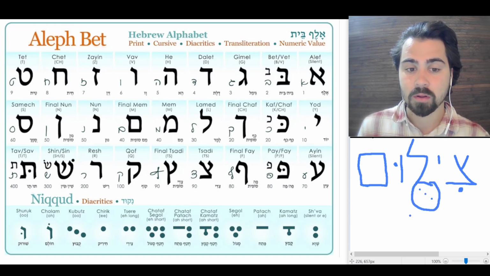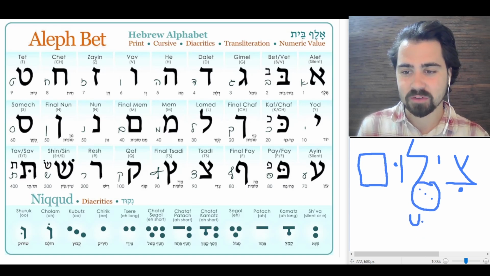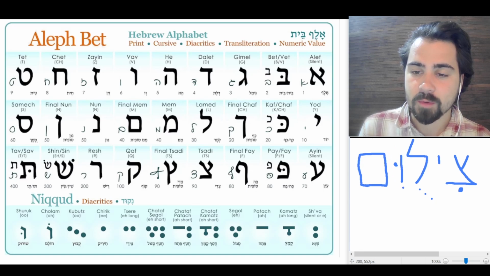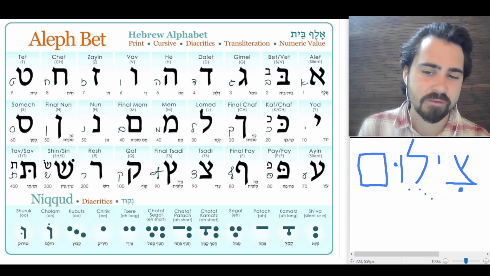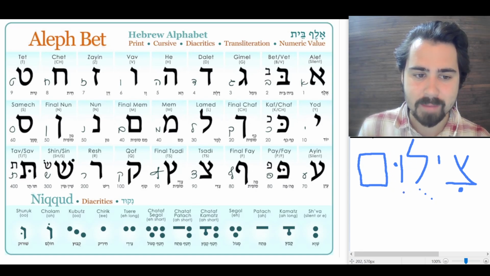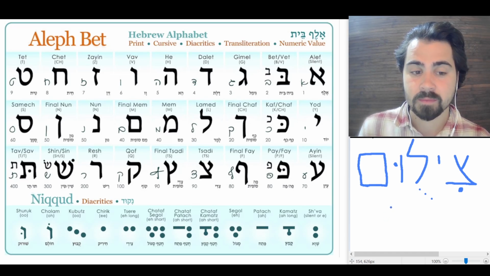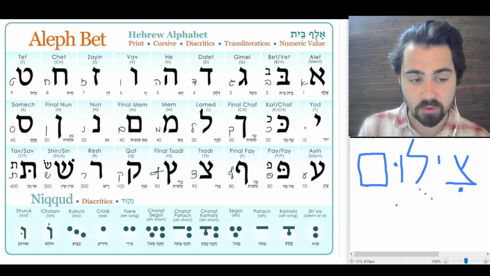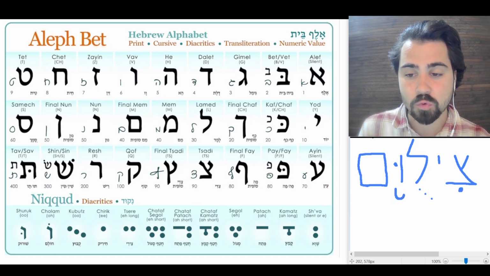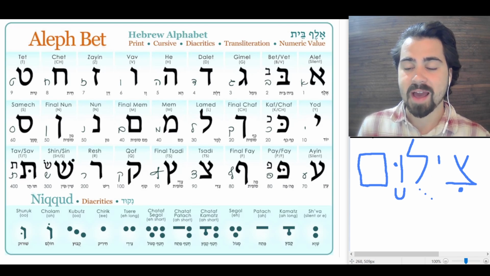Next letter, this is the letter lamed, sound is l, and then we have these three dots, the vowel U. We've learned it today. Together, lu. Okay, and we progress. We have this vav. Which sound does this vav make? Is it a vowel or is it the consonant? If you said the vowel, you are correct, and the sound is U. So we have the lamed of the lu and then U again.